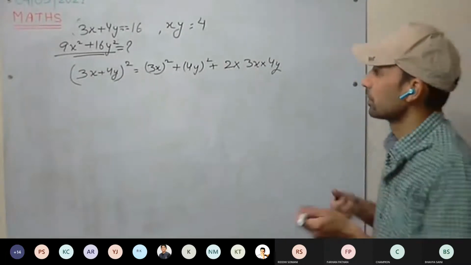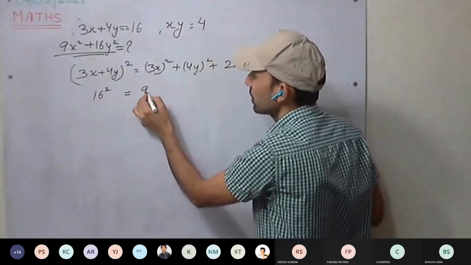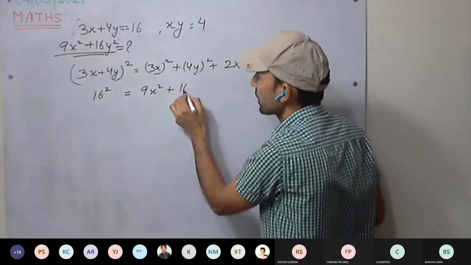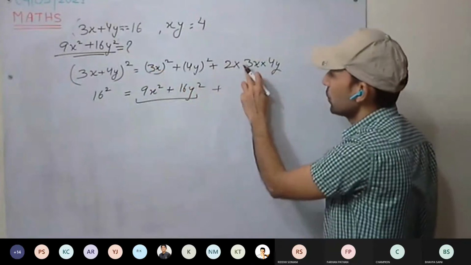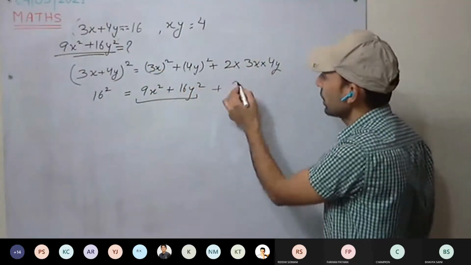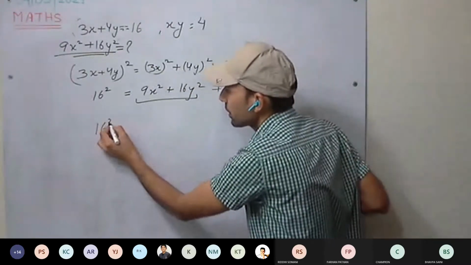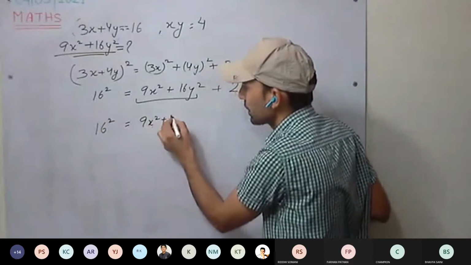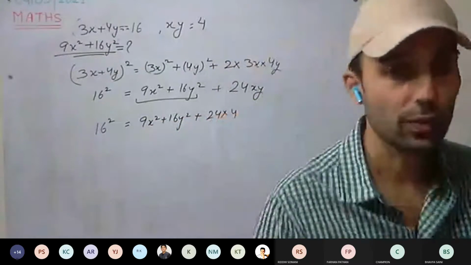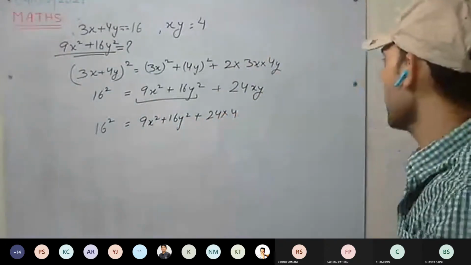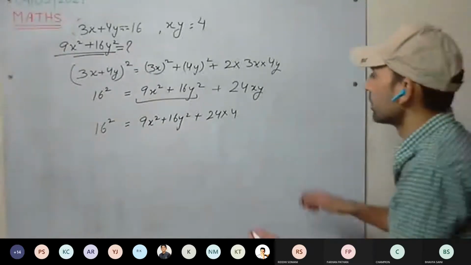So it will be 16 square equal to 9x square plus 16y square, which is the value we have to calculate, plus 2 into 3 is 6, 6 into 4 is 24, so 24xy. 16 square equals 9x square plus 16y square plus 24 into 4. How much is 24 into 4? 96.